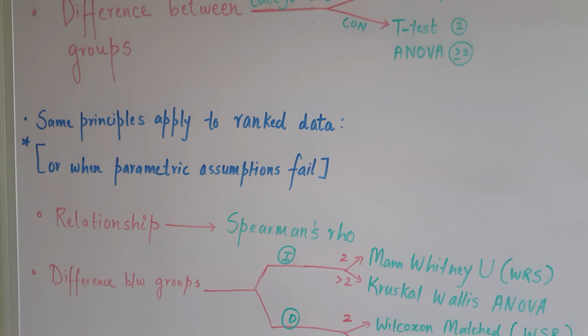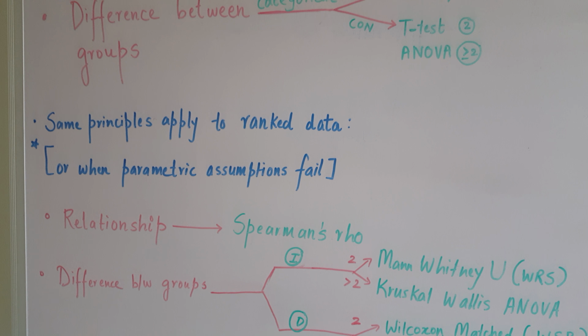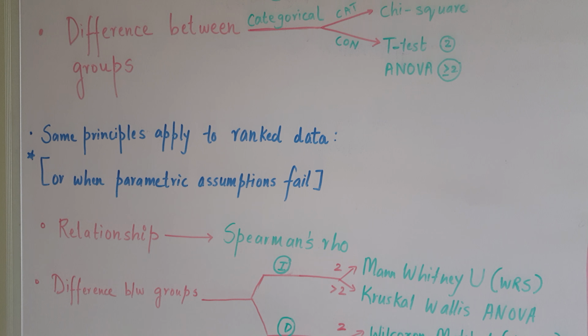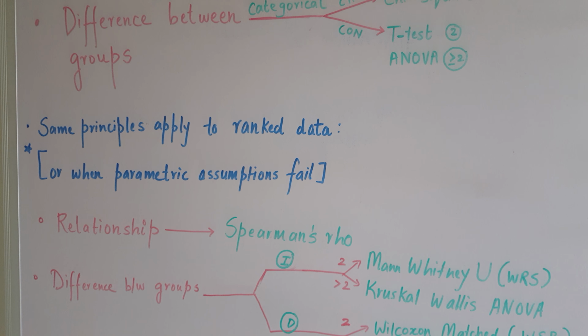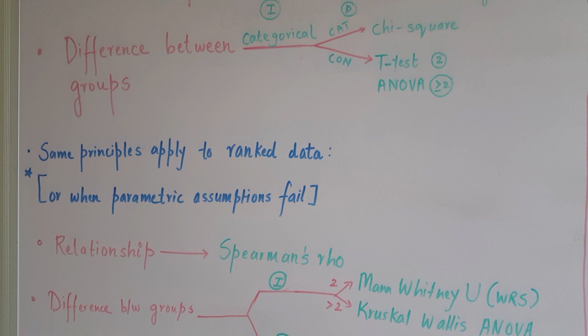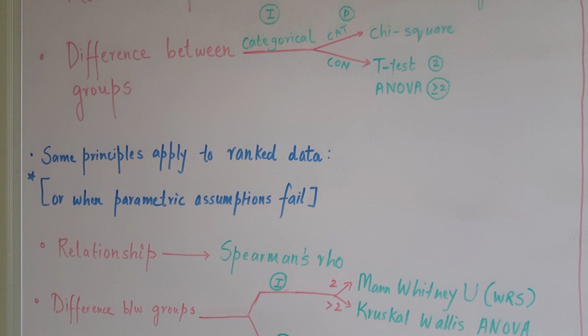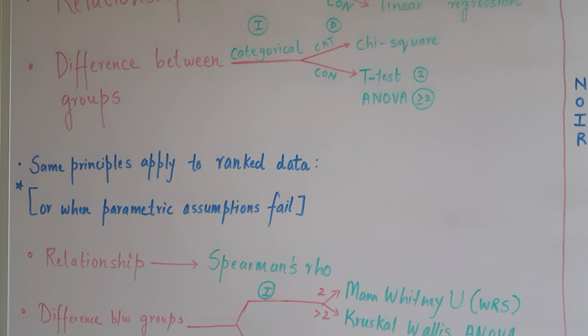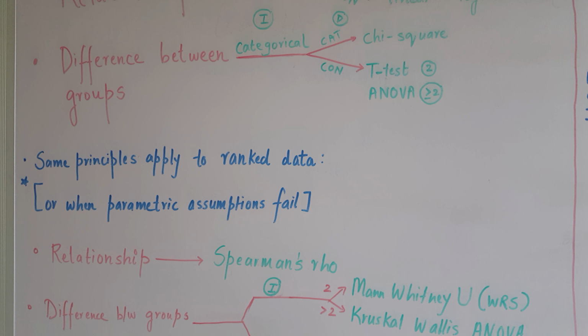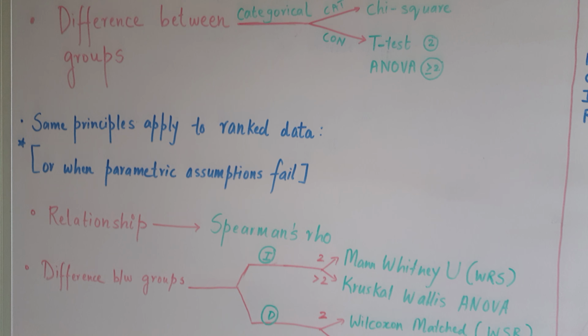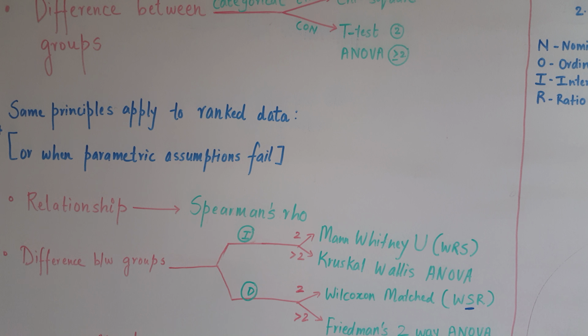So for non-parametric tests, the variables and the attributes both can be tested by using one of the non-parametric tests. And these tests also exist for your nominal and ordinal data. The only difference is that these tests are not powerful enough since you have not made any assumptions.